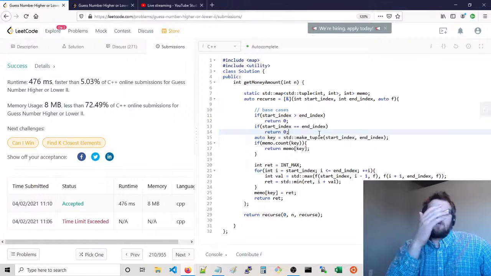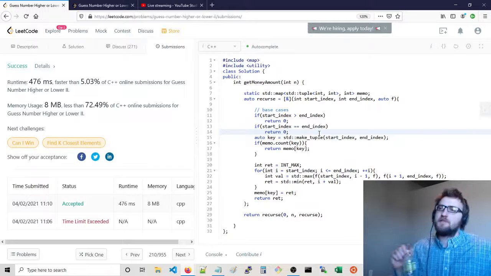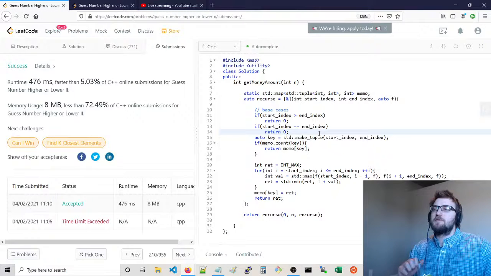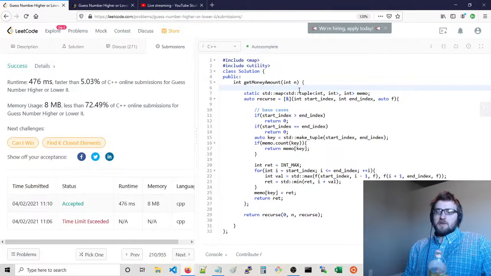You can save your previous calculations across multiple function calls, which is what happens when we make it static. That's where we get that little extra speed boost, which gets us in range to not time out. Wow.